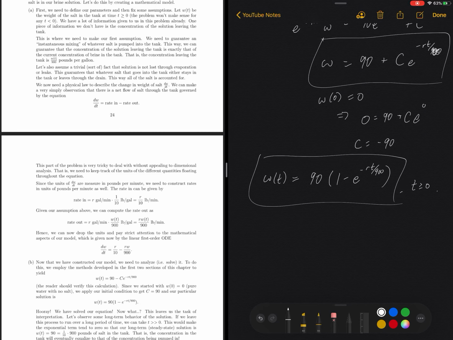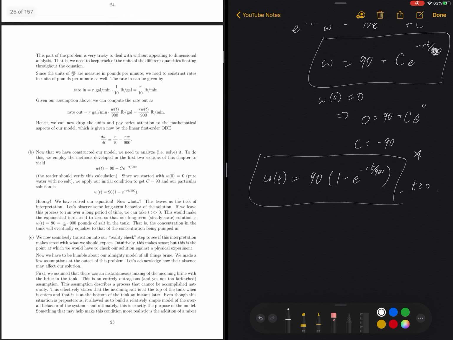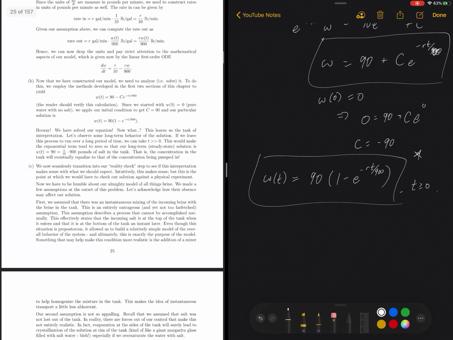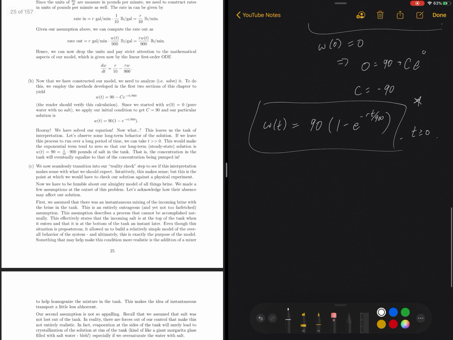And that is the complete solution to this model, provided t is greater than or equal to 0 as per our initial condition. We weren't studying the model before we were looking at it, so let's assume that we were looking at it starting at time 0. That solves the equation thusly.